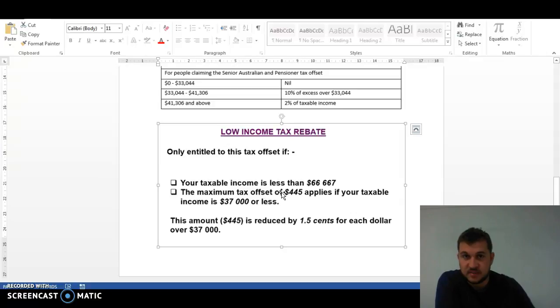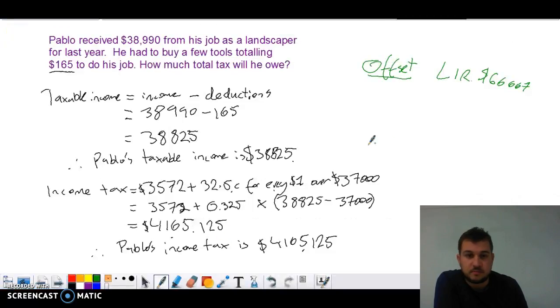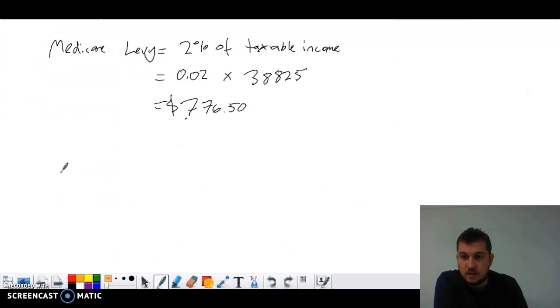So let's take a look at it. Okay, we'll write this down. Let me go back to this page, and we have the low income rebate, which he will receive. So let's think about it like this.